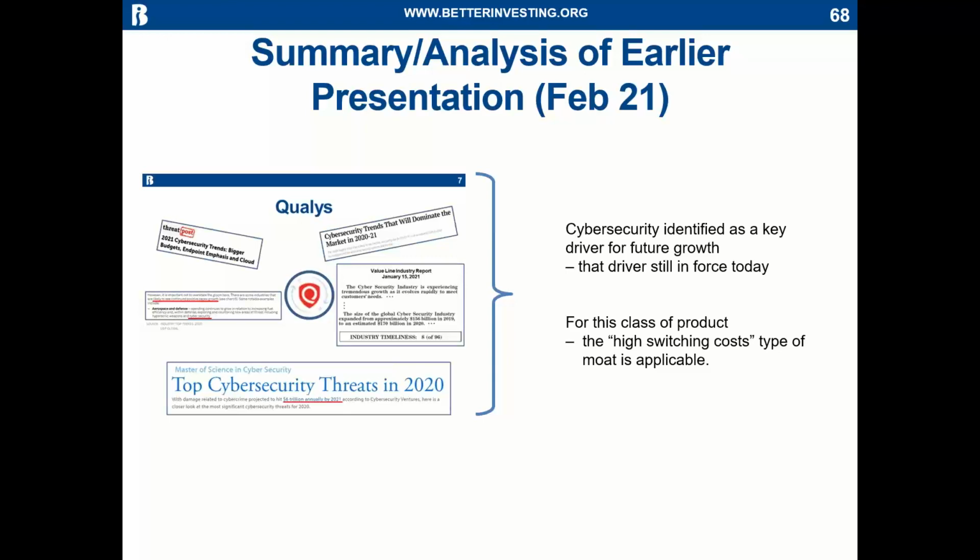At the time, I identified that as a major driver for growth. I still think that driver is in force today. Secondly, Qualys has something called a moat. Specifically, the type of moat it has is high switching costs. In short, what that means is once someone buys your product, it's really expensive. It's a pain for you to switch to a competitor. So those are two things that I think Qualys had going for it and still does. Next slide.